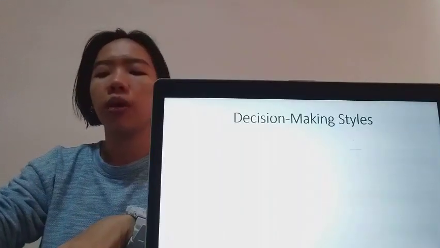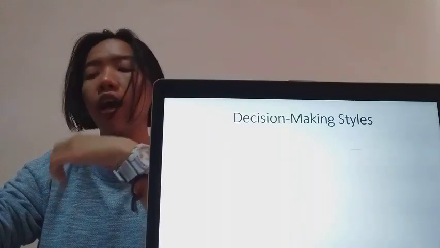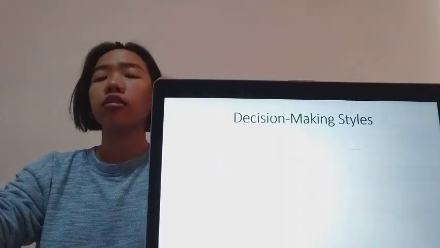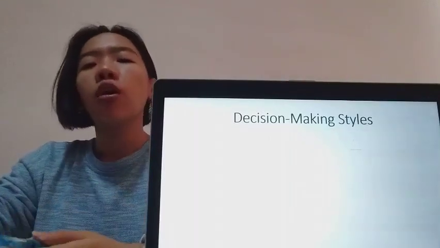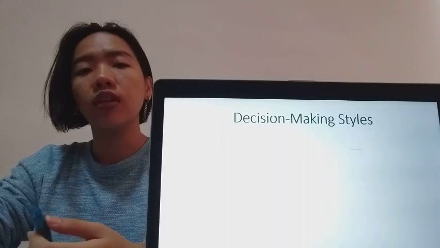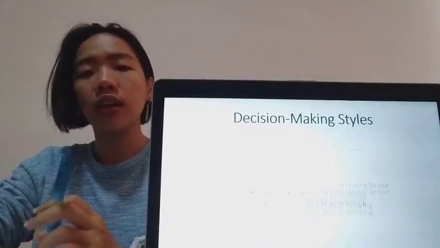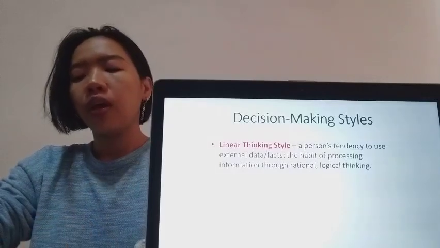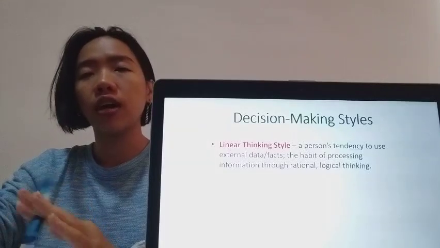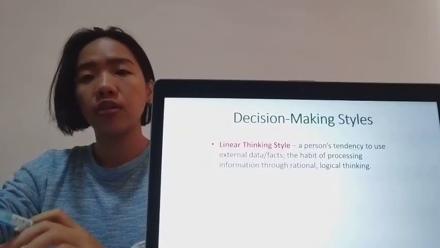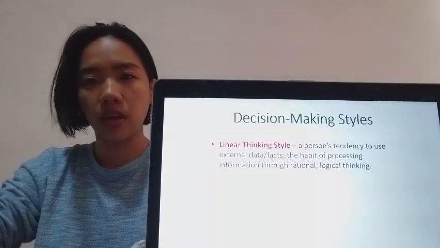I'm going to tell you about part 4, which covers different decision-making styles and decision-making bias and errors. The first one is decision-making styles. We have two styles: linear and non-linear. The linear thinking style is a person's tendency to use external data, facts, or habits of processing information through rational and logical thinking.